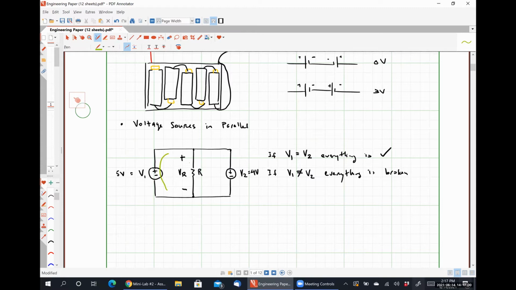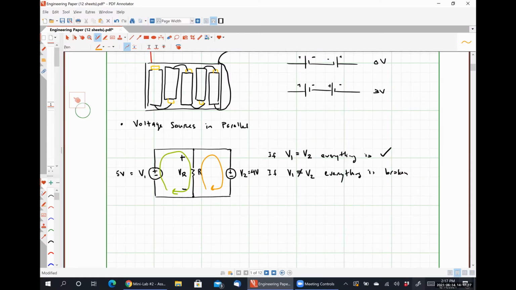So if I go around this left-hand loop, KVL tells me that the voltage is 5 volts. And if I go around this right-hand loop, KVL tells me that the voltage is 4 volts, but it cannot be both 5 volts and 4 volts simultaneously.